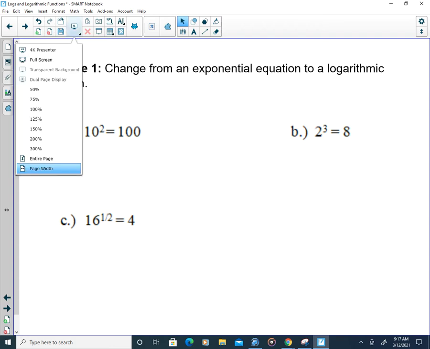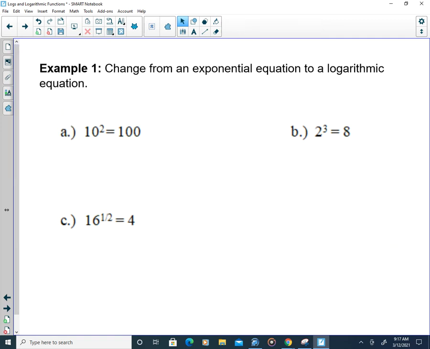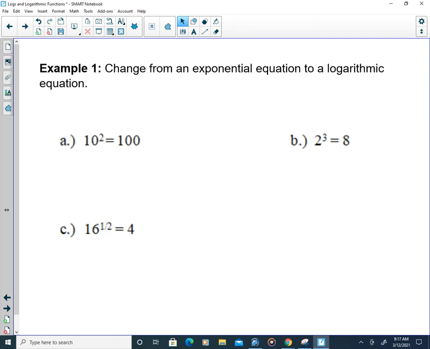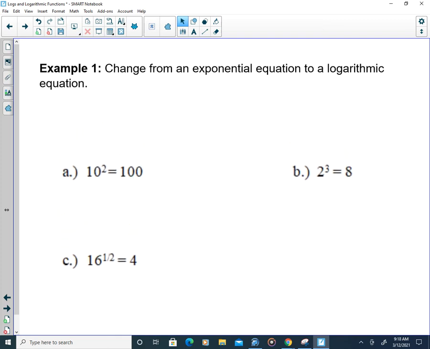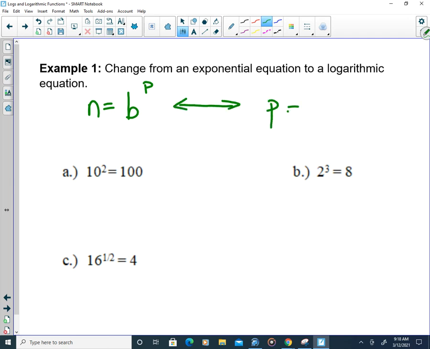Try this again. It's not letting me choose. Okay. So I'm just going to move this down and rewrite our property here. If we have n is equal to b to the p power, remember that's equivalent to this statement. p is equal to the log base b of n.